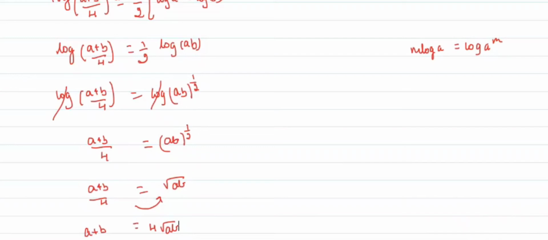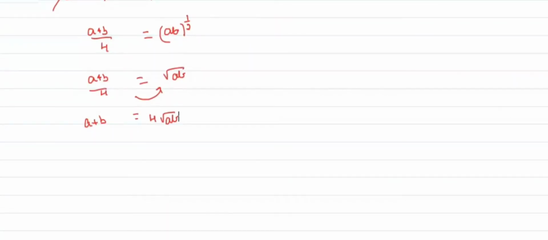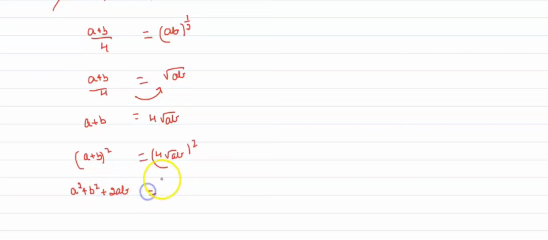So (a plus b) whole square will be equal to (4 into root ab) whole square. So what is the (a plus b) whole square formula? That is a square plus b square plus 2ab is equal to, the square is for both 4 as well as root ab. So 4 square is 16, root ab whole square, square and square root will get cancelled.